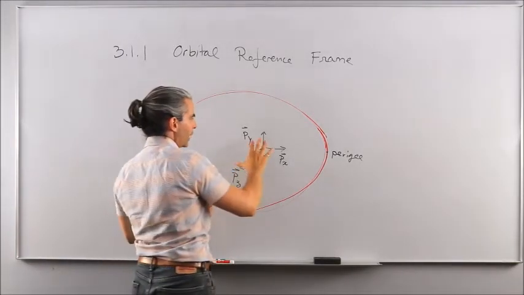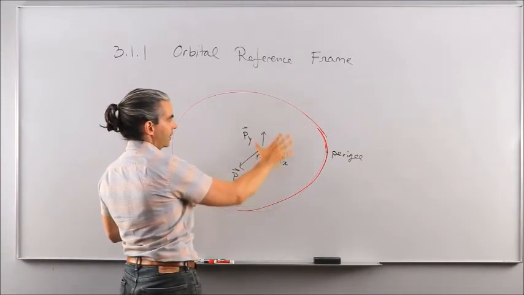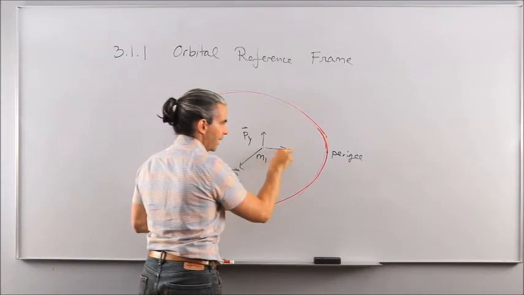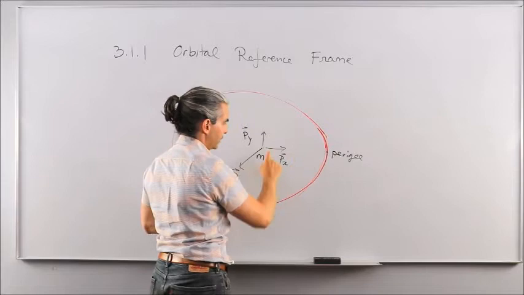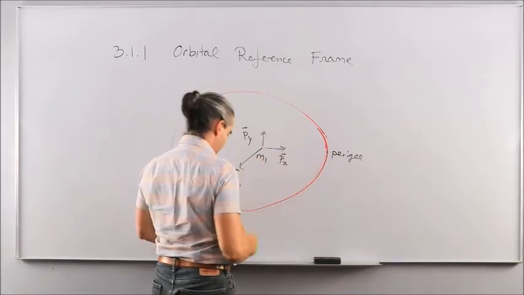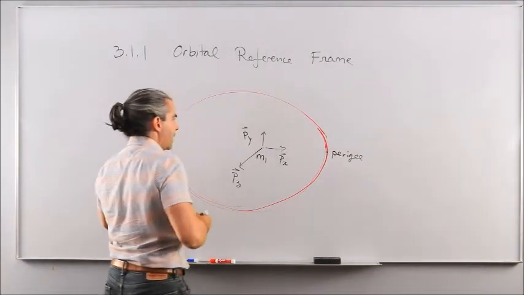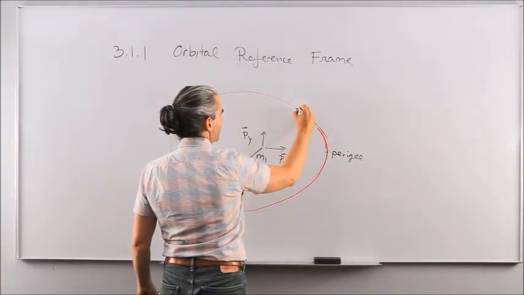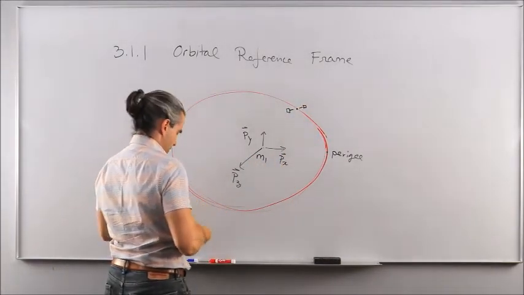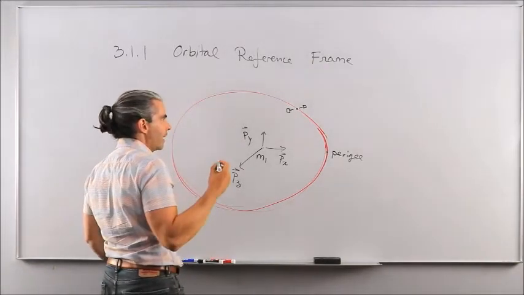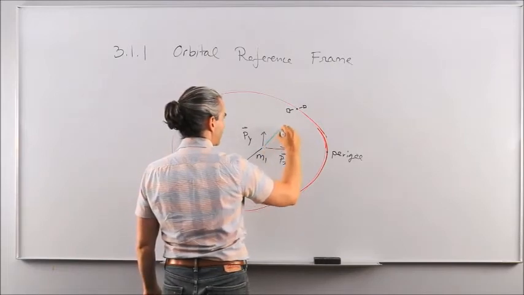And that reference frame was independent of the spacecraft's position because, as you can appreciate, its x-unit vector always points at the perigee, which is essentially a fixed vector in 3D space, okay? So that reference frame was inertially fixed. Whereas now, if we have our spacecraft, say, over here, orbiting around M1, then the orbital reference frame will have its x-unit vector always pointing at our spacecraft.